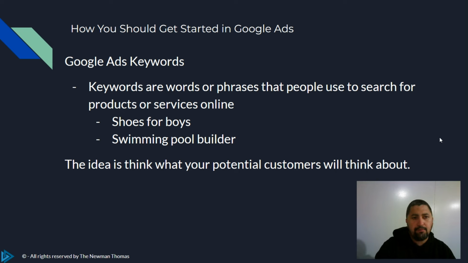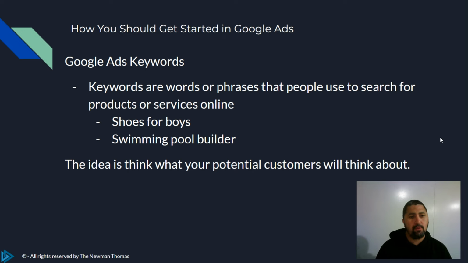Another thing that's different between Facebook and Google is that Google Ads, because it's proactive, uses keywords. Keywords are words or phrases that people use to search for products or services online. Imagine this: I want to buy shoes for my kids, so I would go online and type in "shoes for boys."